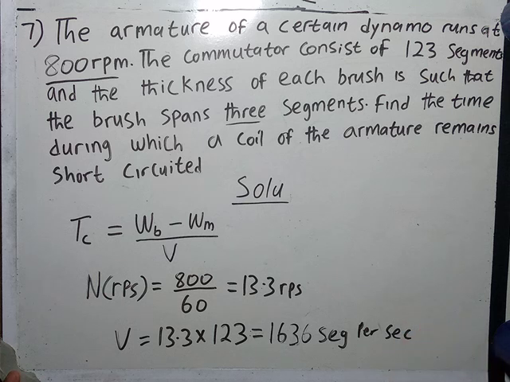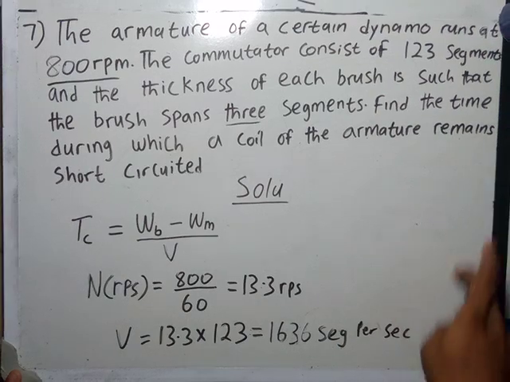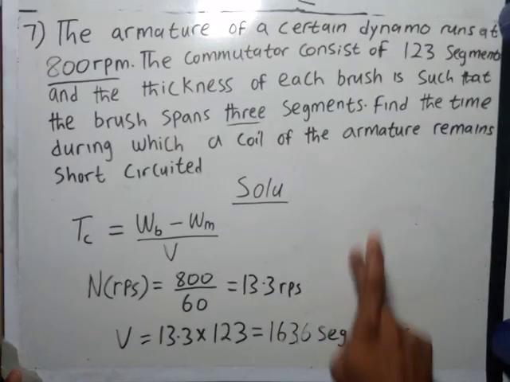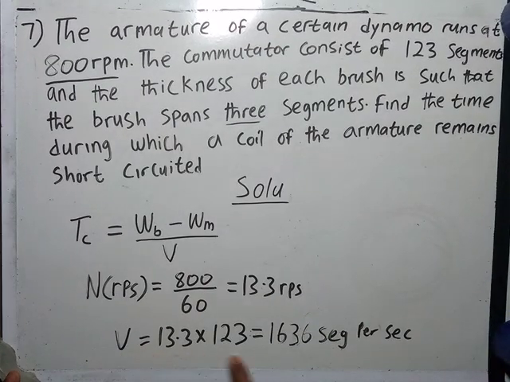It can be in segments, you can be given diameter, you can be given angle, but anything that describes the total number of segments, you multiply it to get your V.